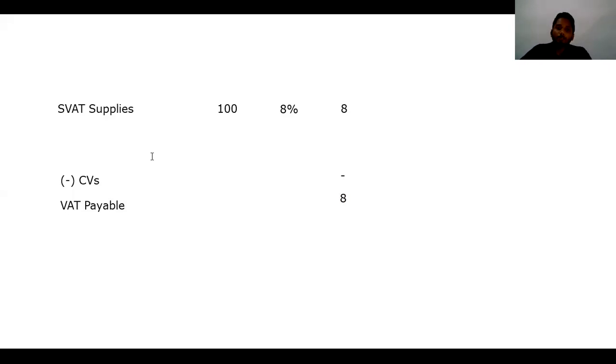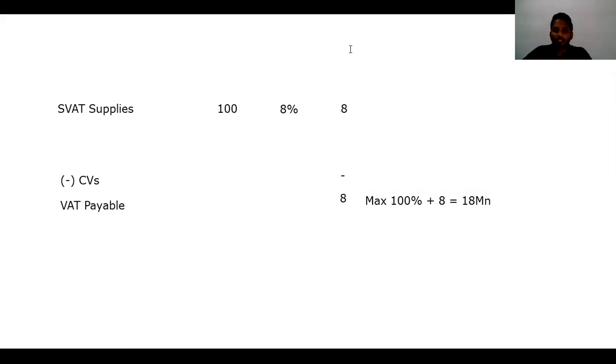Then again, the penalty: if you didn't pay this 8 million, the maximum penalty as per the VAT law is 100%. Then an additional 8 million you have to pay. Altogether 16 million you have to pay, including penalty. This is another penal provision.